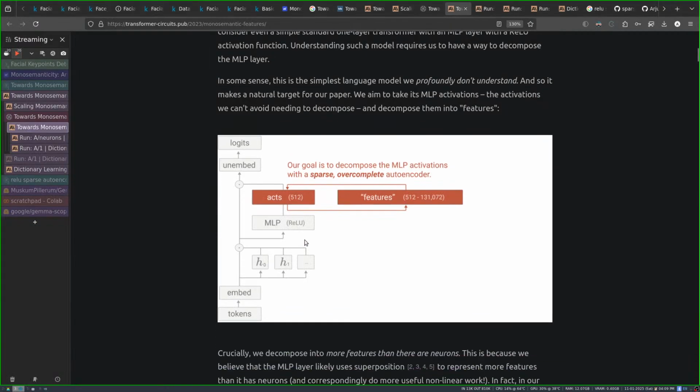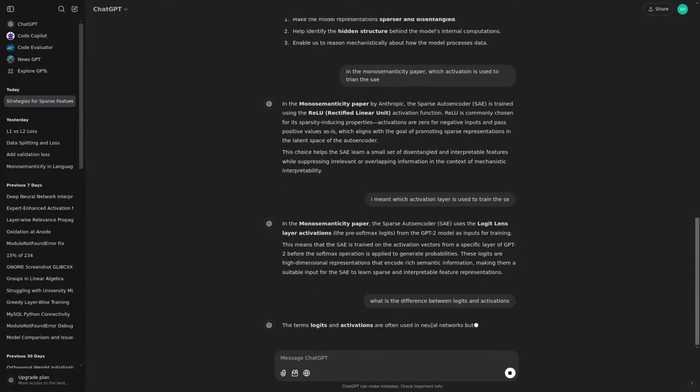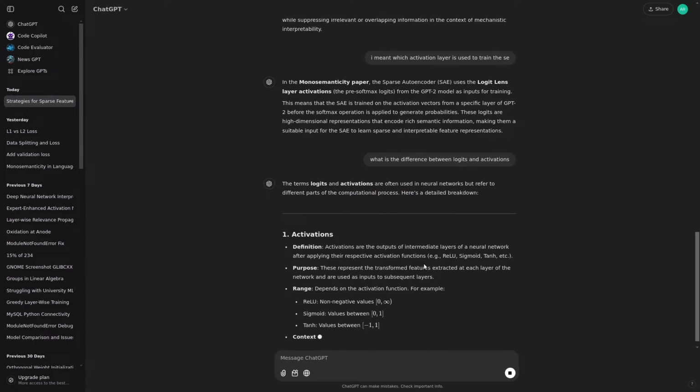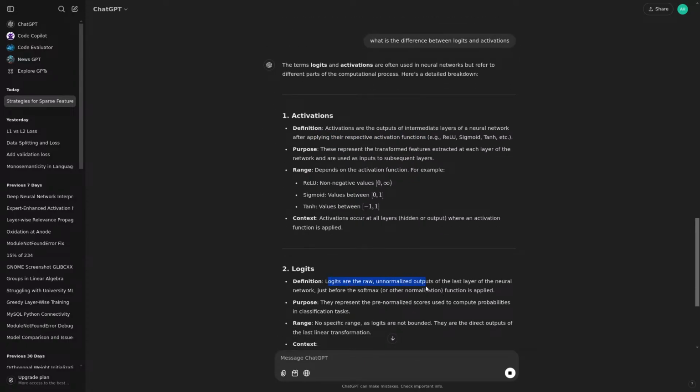Okay, so we take the very last, what do you call it? Logits. What is the difference between logits and activations? They're the same, right? Different. Activations are the output of intermediate layers of a neural network after applying the respective activation functions. Okay. Logits are the raw unnormalized output of the last layer of the neural network just before softmax.